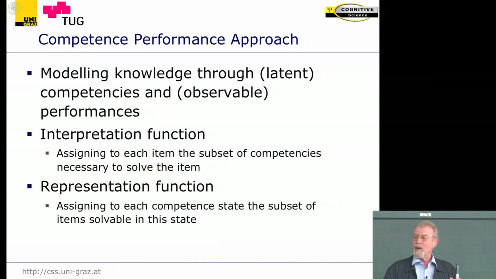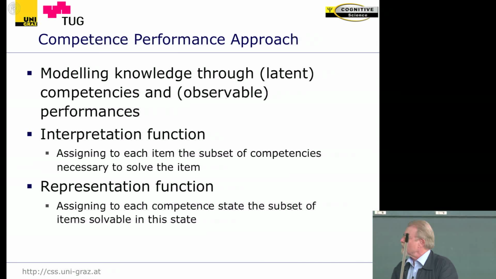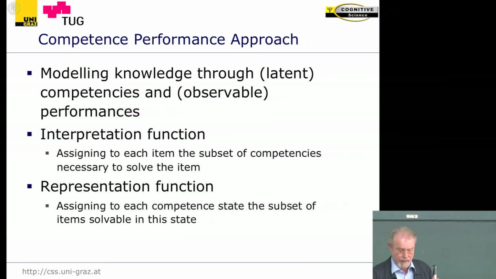And we have to combine, in some sense, or to be more correct, to map one of these sets into another one. One of these functions is the interpretation function, which assigns to each item that subset of competencies which is necessary to solve the item.